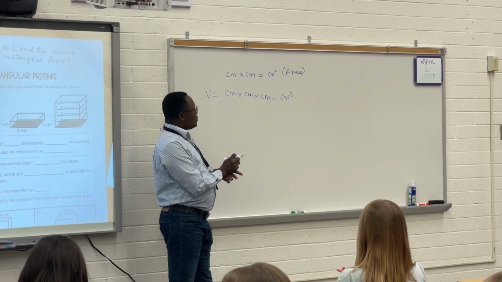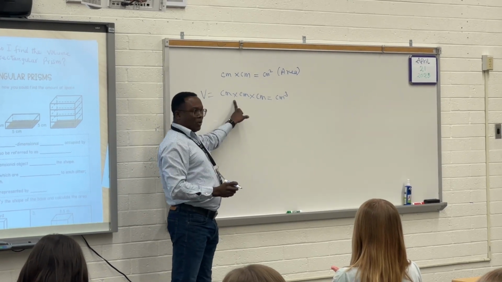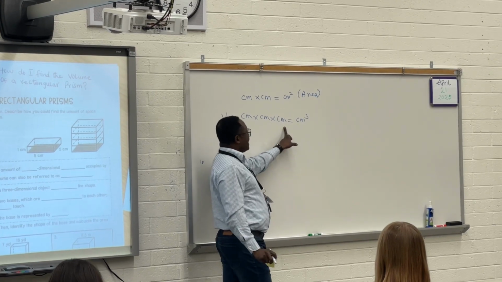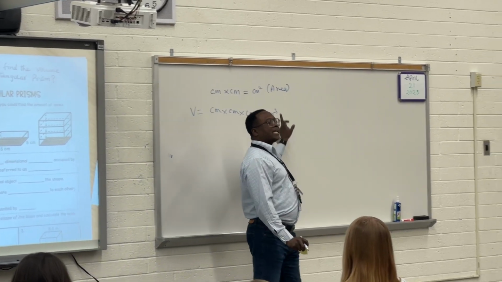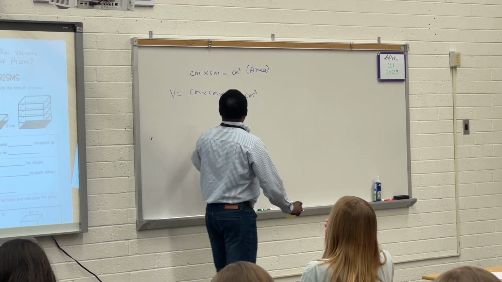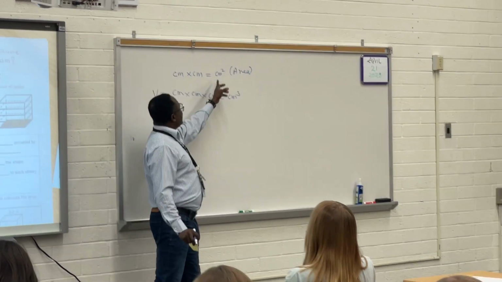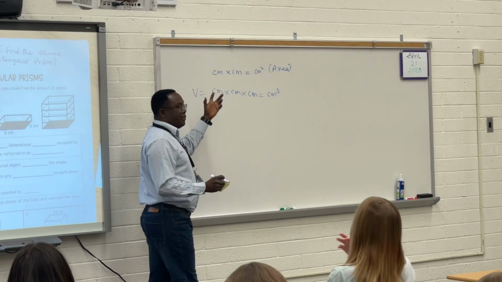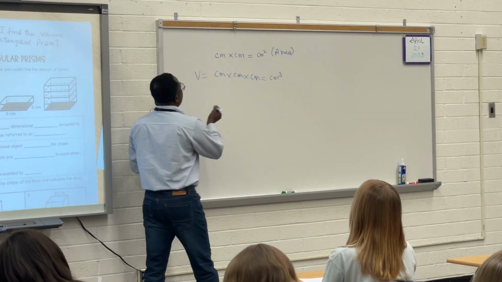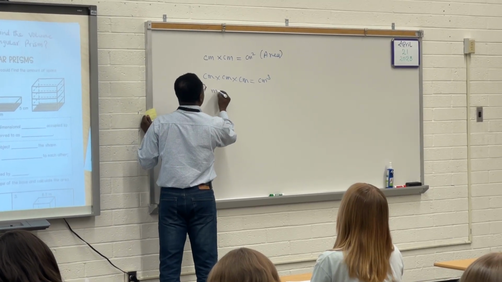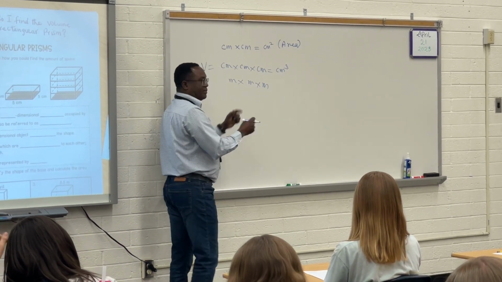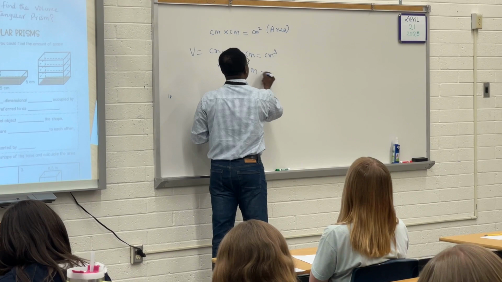Okay? This is not plus, this is multiplication. So centimeter times centimeter times centimeter is going to give us centimeter cube. Now for the area, we are using the centimeter square. So the units can be any units. It can be, let's say, meters. So meter times meter times meter will give us meters cube.